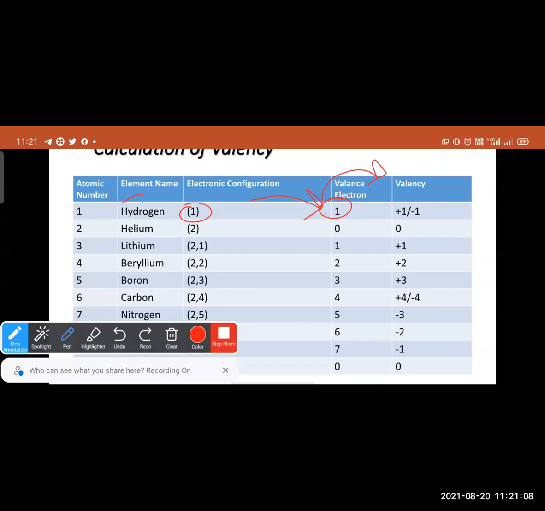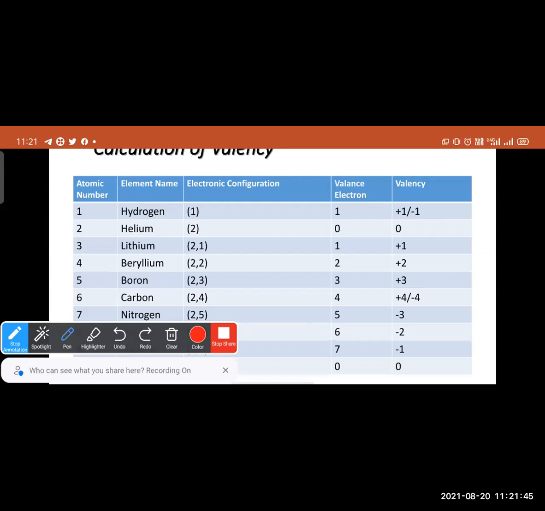If hydrogen donates 1 electron, it will lose its identity, so it will not donate the electron. Instead, it will share that 1 electron. So for sharing, the valency will be plus or minus 1. Plus is for donation, to give, and minus is to receive or accept.